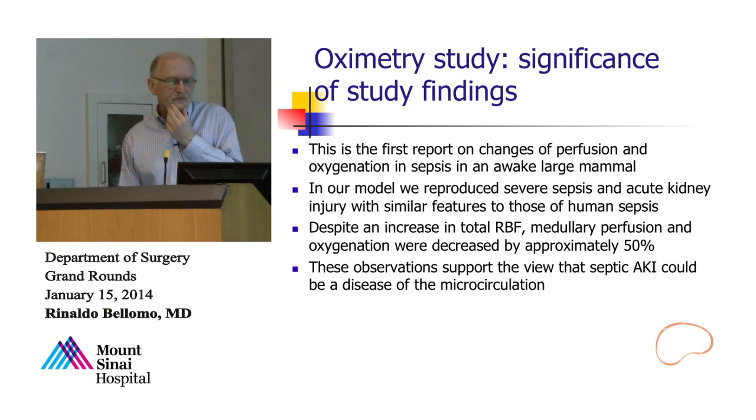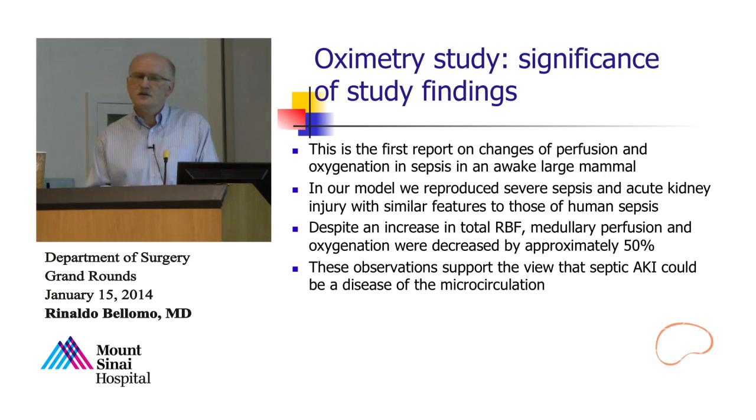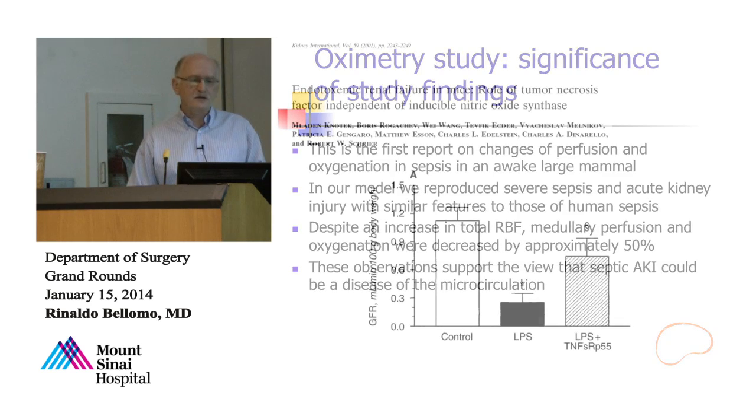So we're able to show that there are changes in perfusion and oxygenation in regional aspects. Despite an increase in total blood flow, medullary perfusion and medullary oxygenation was adversely affected. And of course, these observations suggest that septic acute kidney injury may well be a disease of the microcirculation.